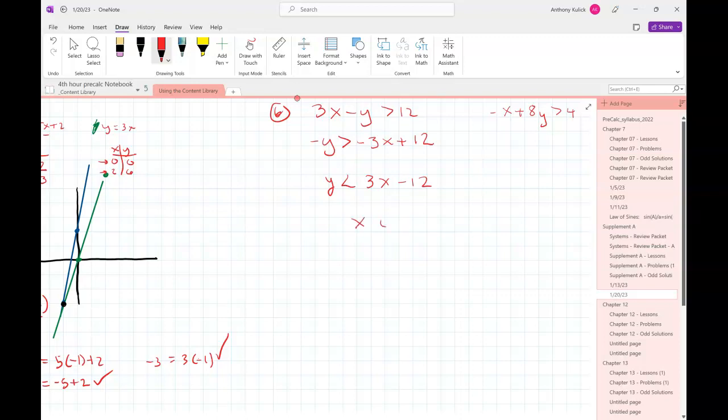All right. So now I'm going to just treat this like an equation, and I'll pick some values for x. Let's do 0. If I pick 0 for x, what do I get for y?